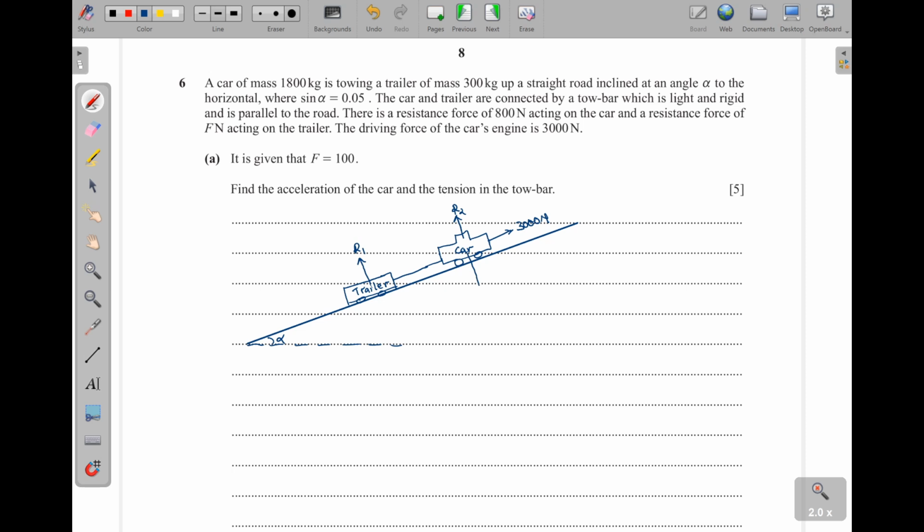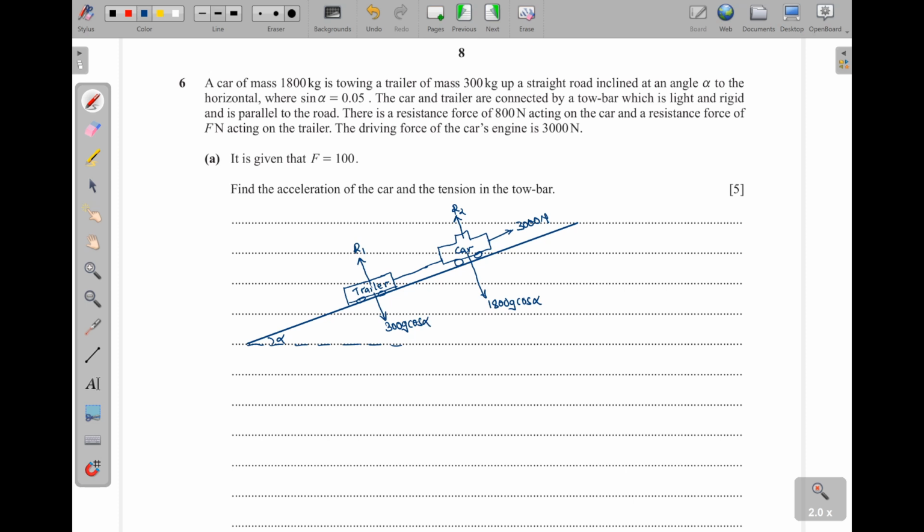Then here we have the mg cosine. So this is 1800 g cosine of the angle, okay? And the mass of the trailer is 300. So that means here I will have 300 g cosine of alpha.